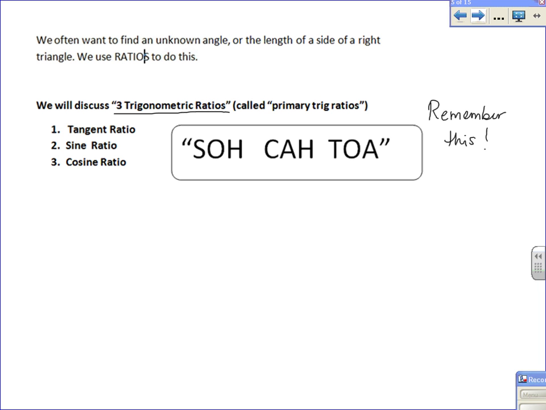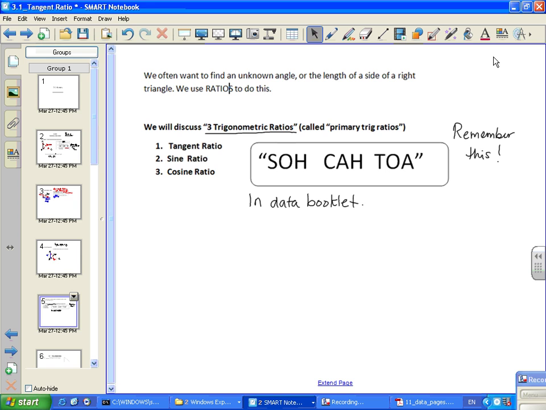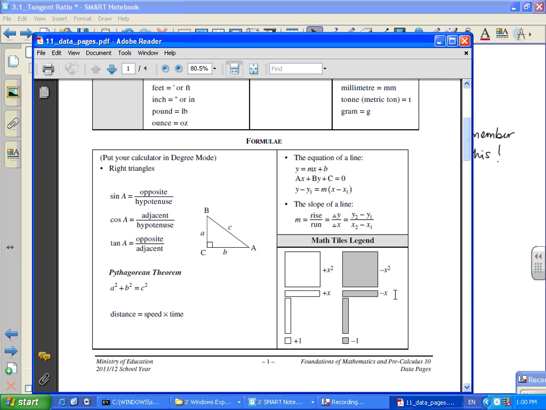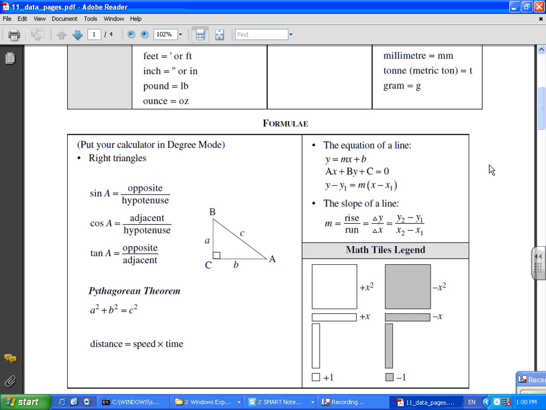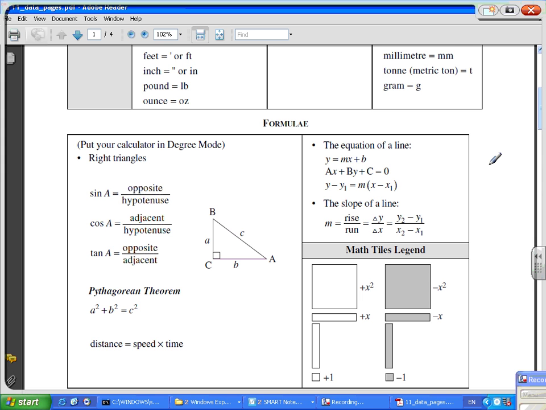Now, before I show you the memory trick, I just want to tell you this is in your data booklet. All three ratios are in your data booklet, and if you have a moment to have a look at your green data booklet right now, I'm just going to pull it up right down here. Here's our data booklet. If you have a look on page 1 of your data booklet, right by the Pythagorean theorem, which we've used already in this course, right above it you have the three trig ratios.